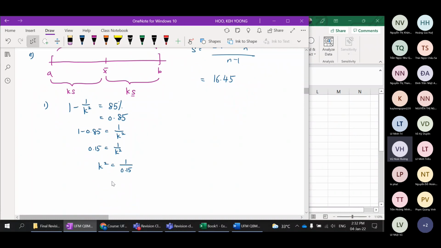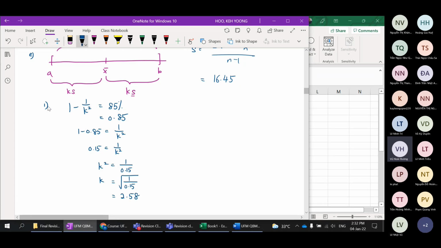You have to use your calculator. k will be equal to the square root. We only take the positive value. Here, I got k equals 2.58. This is step 1.